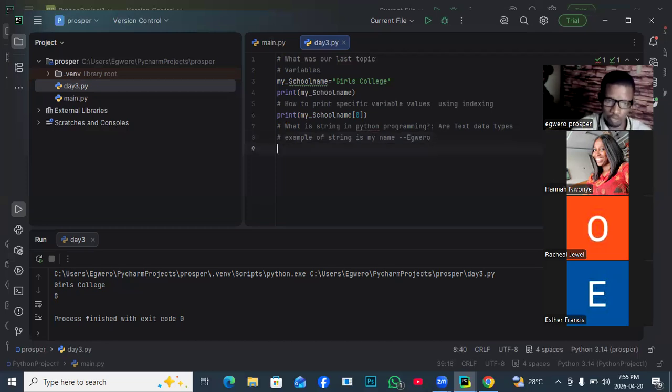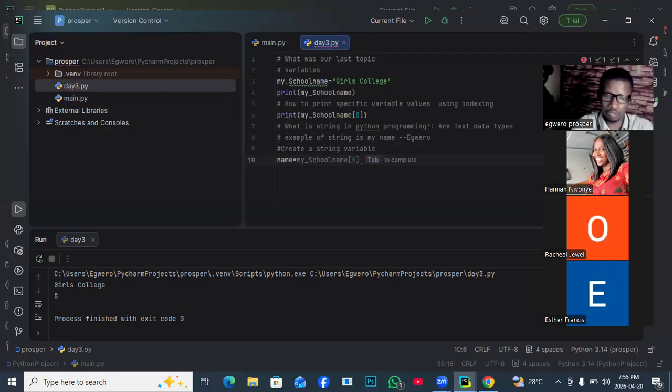So for example, if I am asked to create a string variable, which means I am asked to create a container that stores string, it's going to be, let's say, name equals to.